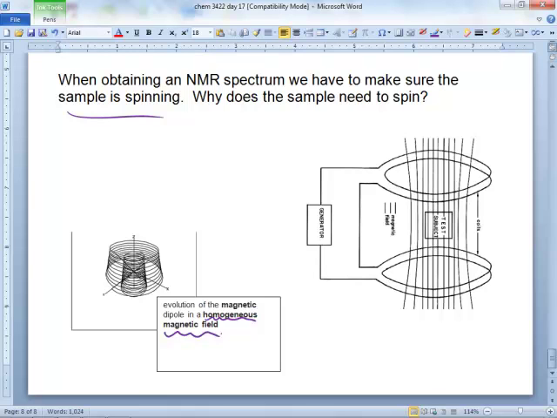You have your little nuclei in the ground state, they absorb, free induction decay, nothing really changes. The problem is that your applied magnetic field needs to be uniform, needs to be homogeneous. And if it's not, you're going to get different applied magnetic fields all over the place because it's not uniform. So that's why they spin it, to have a uniform, or homogeneous, field.